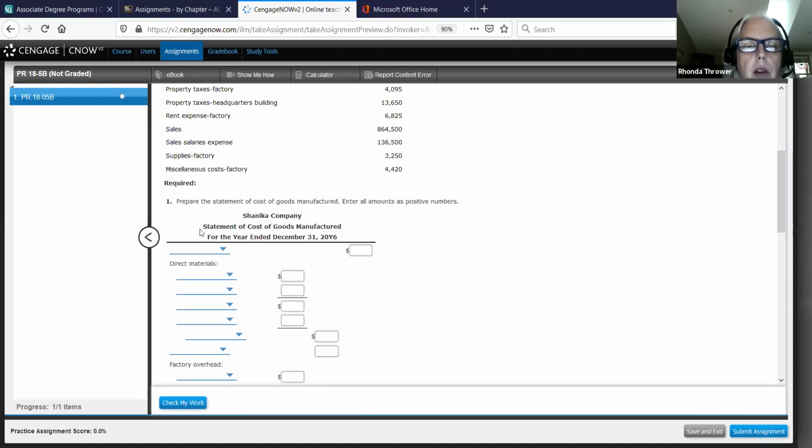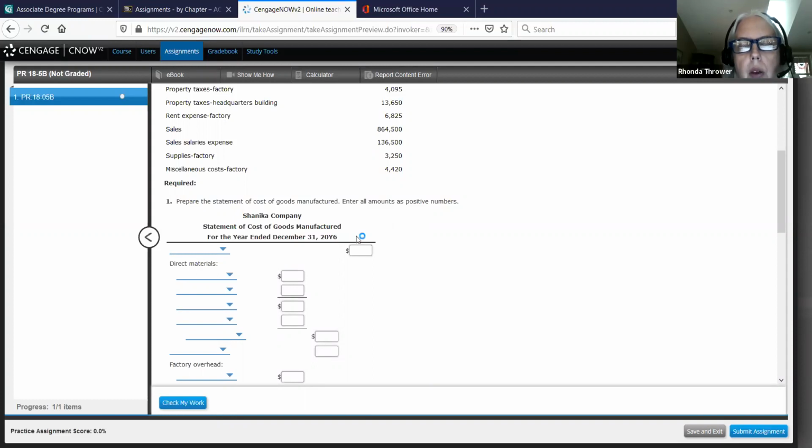What goes in the cost of goods manufactured are your product cost, or what we refer to as manufacturing cost. Product cost will be your direct materials cost, your direct labor cost, and your factory overhead cost.